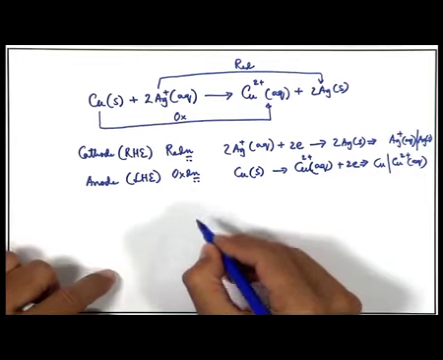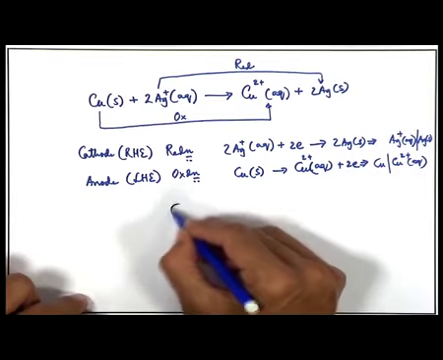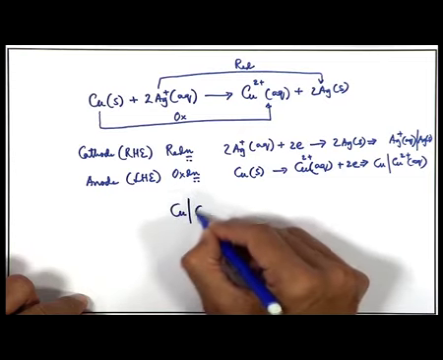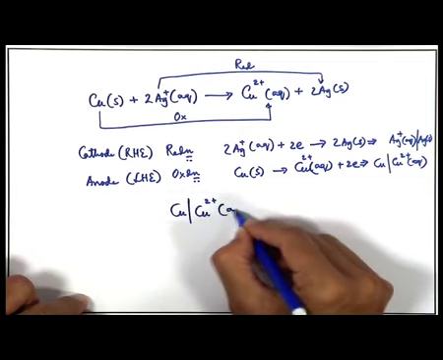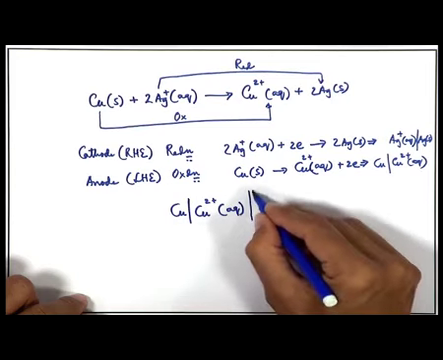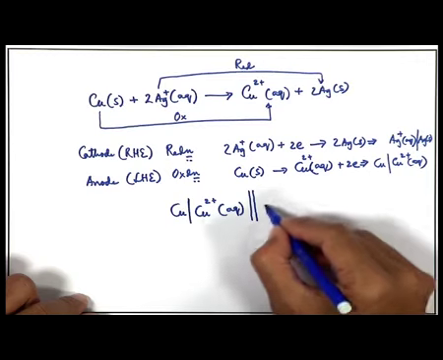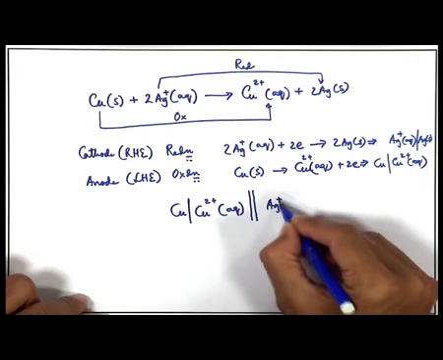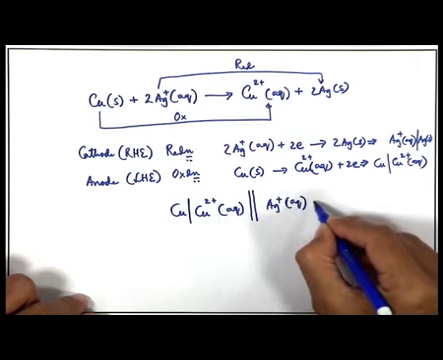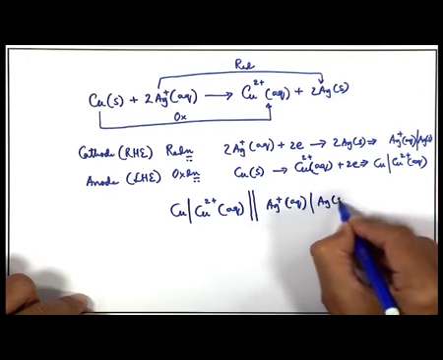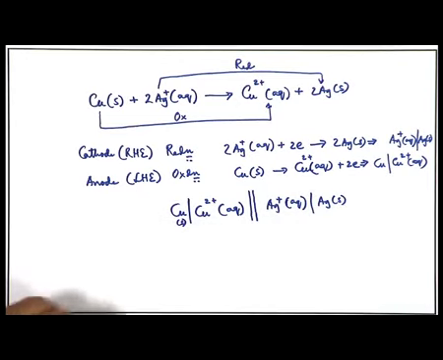Your representation for the cell will be Cu, Cu2 plus, then a double vertical line, because this solution and the other solution are different.